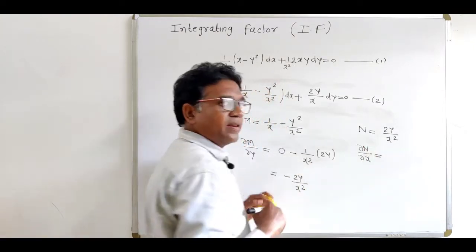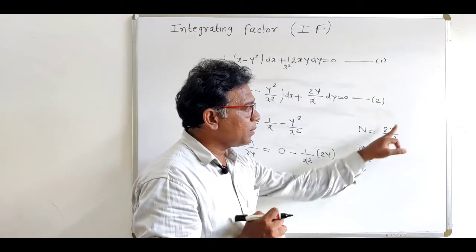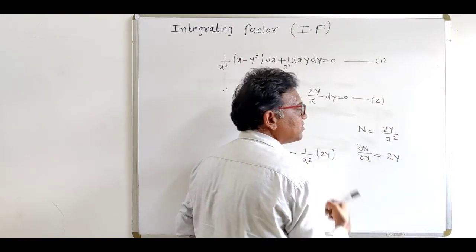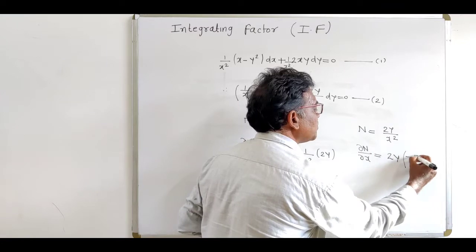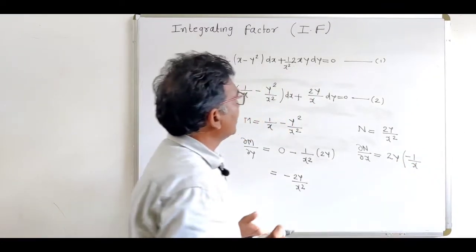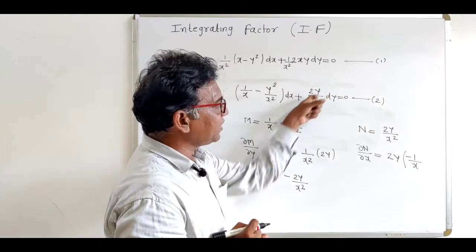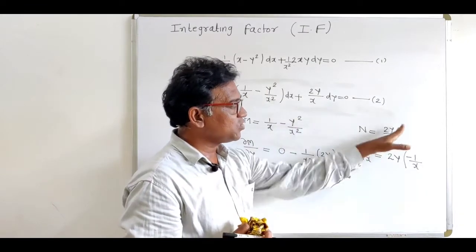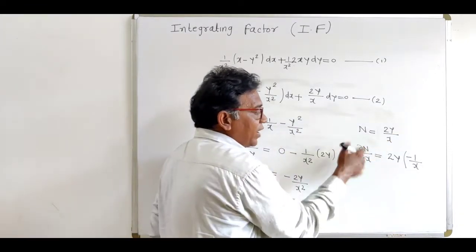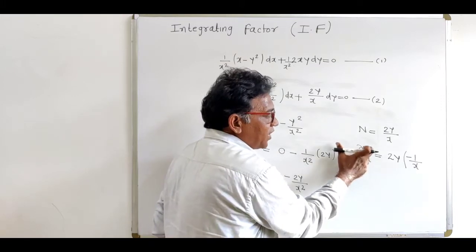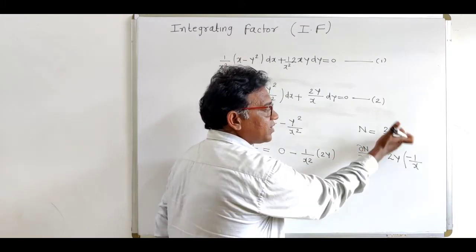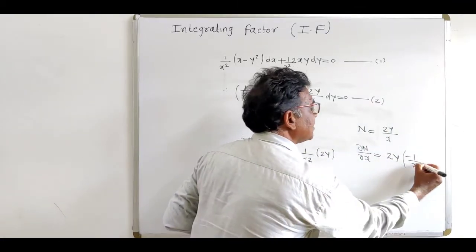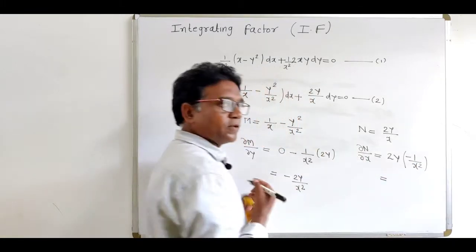Differentiating N partially with respect to x, keeping y constant: 2y is a constant quantity, and the derivative of 1 upon x is minus 1 upon x square.